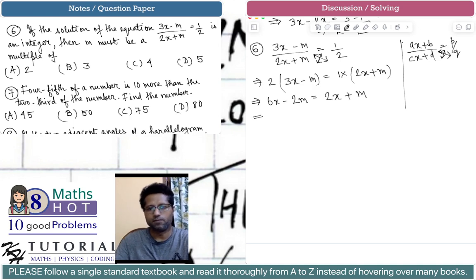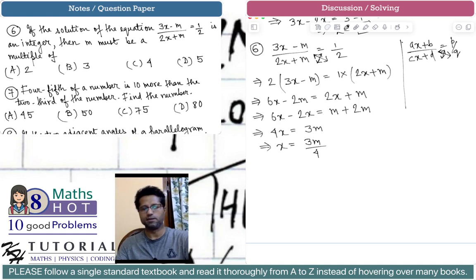Now I will bring all the x terms to the left hand side and all the constants to the right hand side. Constant means here m is a constant. I get 6x minus 2x is equal to m plus 2m. This implies 4x is equal to 3m. This implies x is equal to 3m by 4. So this is the solution of the equation in terms of m.